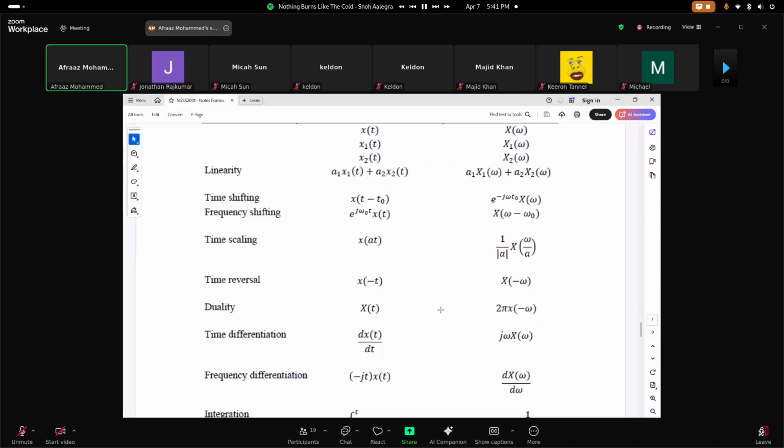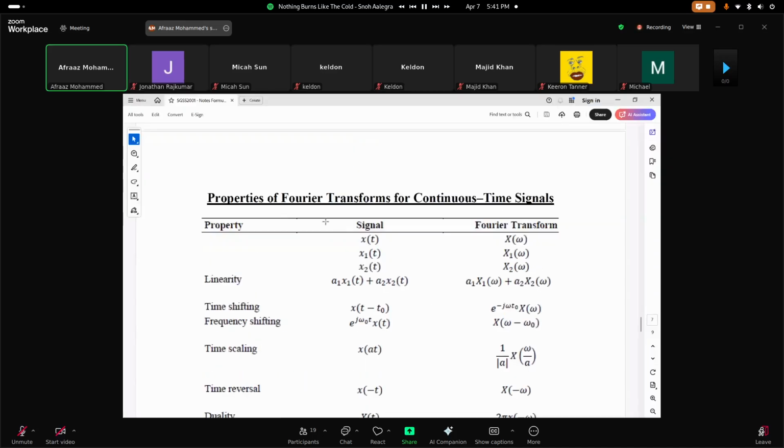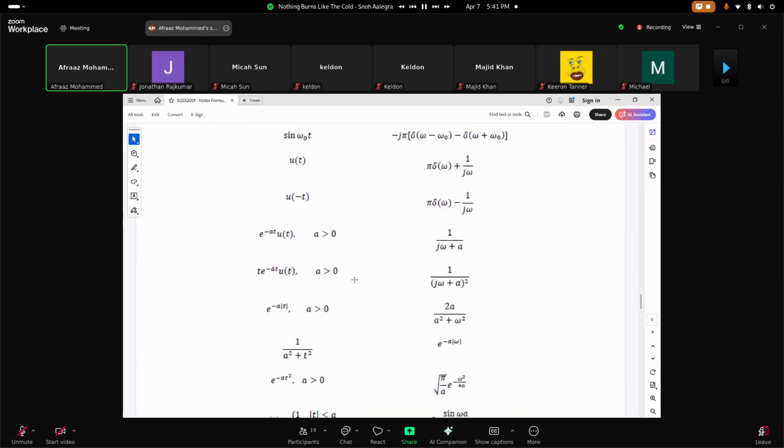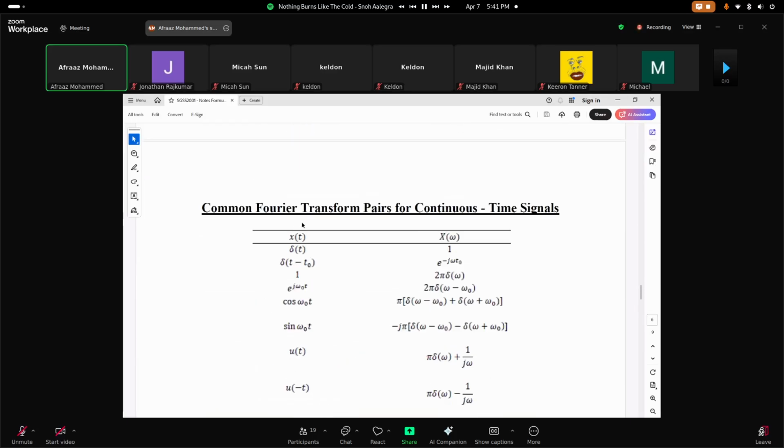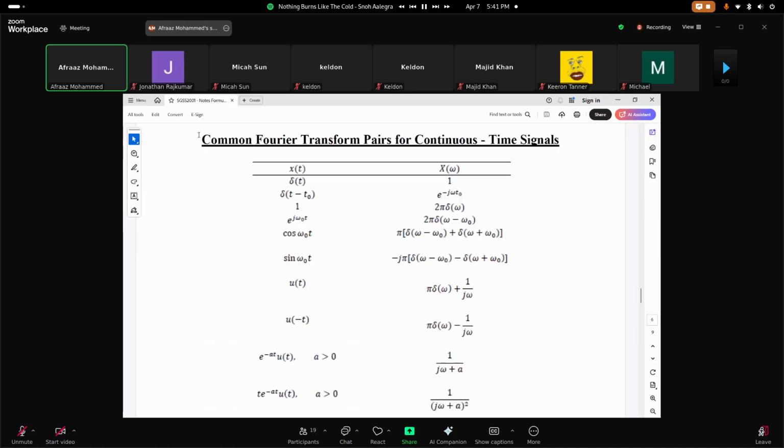What we were looking at for converting a system differential equation to the Fourier transform was the properties of Fourier transform section. For this particular one, we will look at common Fourier transform pairs. That's the section you're looking at.